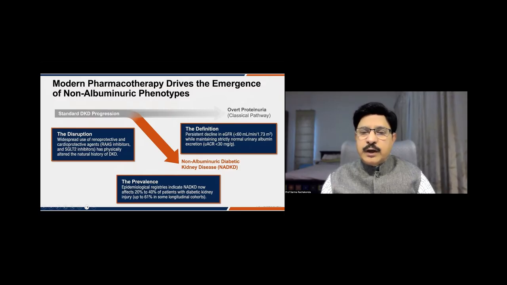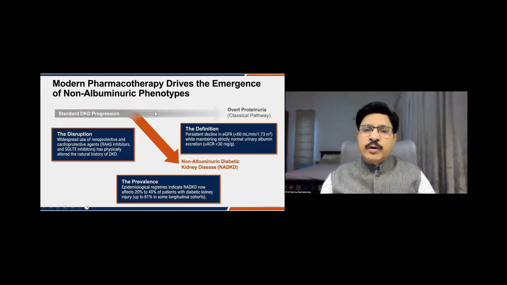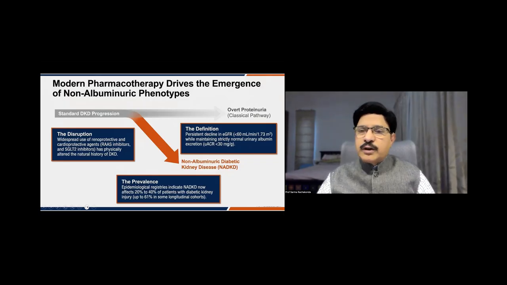That means the diabetic kidney disease is progressing, but we control the albuminuria. The definition: persistent decline in eGFR while maintaining a strictly normal urine albumin ratio. That means the albumin-creatinine ratio is normal, but eGFR is declining. Normally in the classical pathway, both eGFR is declining and proteinuria is increasing.